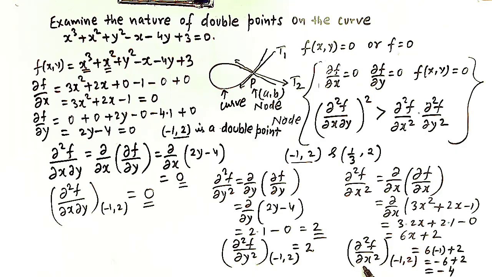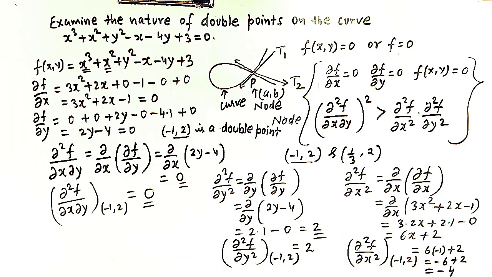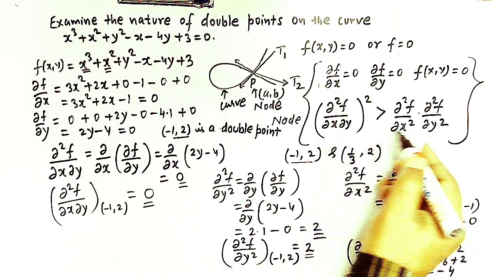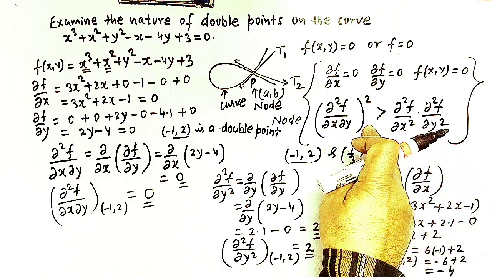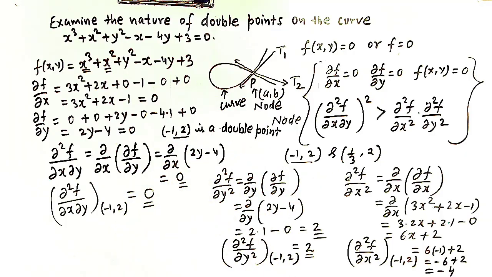And del square f over del x square at this double point is minus 4, and del square f over del y square at this point is again 2, because this expression doesn't contain any x or y, right? So let us now see whether this condition is satisfied by this double point to be our node.